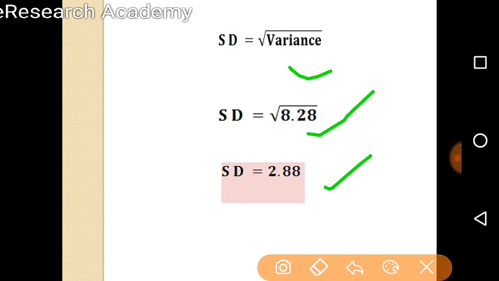So friends, this was the method of calculating standard deviation in individual series by direct method, where we apply the mean value to get the deviation, then we square this deviation and finally apply the formula of standard deviation, that is root sigma x square upon n, and we get the answer.